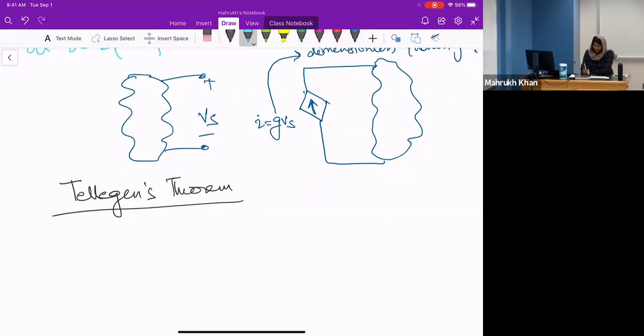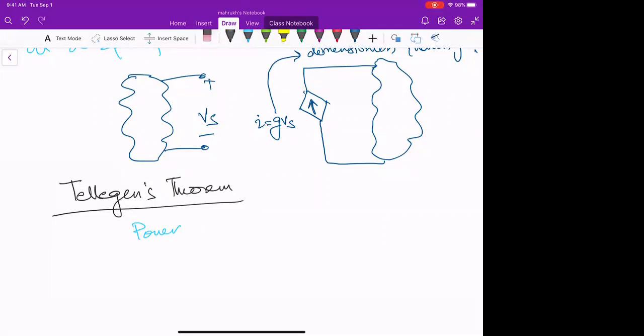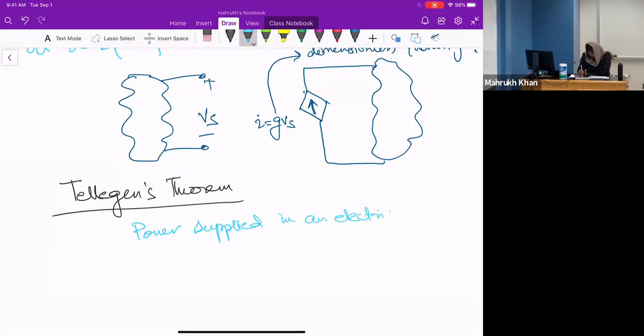It says that power supplied in an electric network is equal to power absorbed by the network.